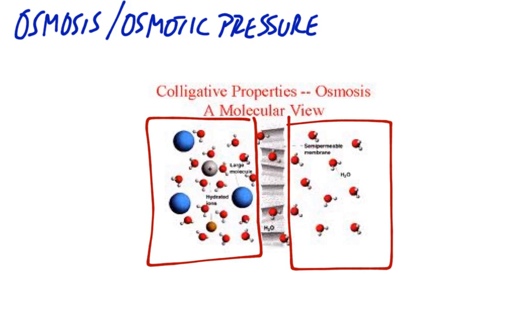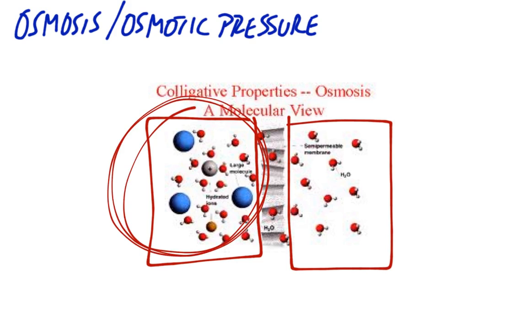There's a greater concentration of water molecules on this side here. Therefore, solvent particles will move across the semi-permeable membrane to the less concentrated side. What this results in is a change in the amount of pressure due to the movement of water, thus osmotic pressure. This is an overview of the colligative properties, which we will discuss in greater depth and practice with calculations in class.